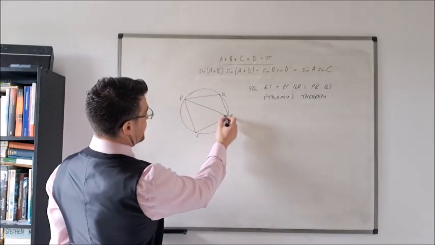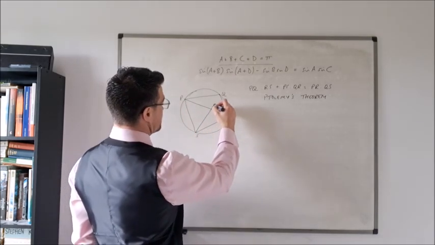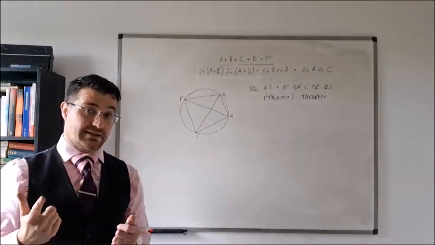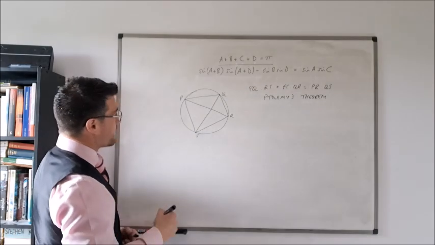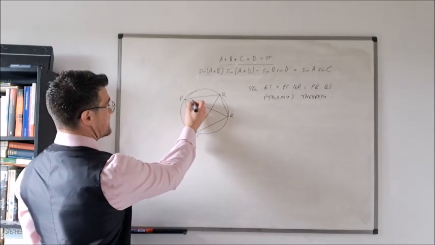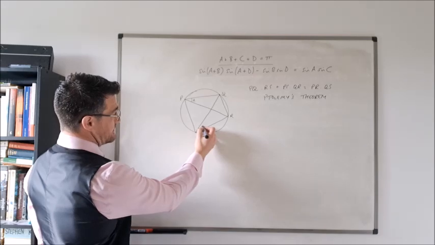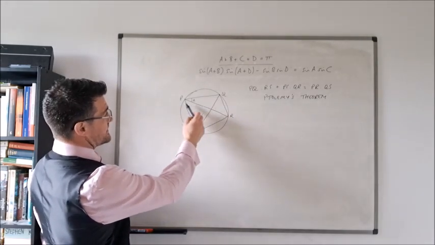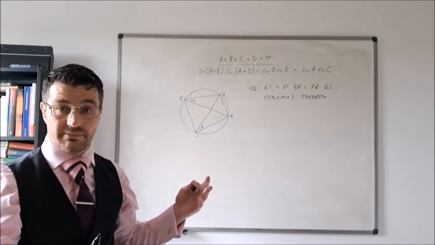I do need to connect the lines, the points P, R, and Q and S. I know that opposite angles of a cyclic quadrilateral add up to pi, but I can assign these angles in a much better way. So if this is angle A, for example, then this is also angle A. Why? Because they're the angles subtended at the circumference by the same arc, or chord, whichever you prefer.